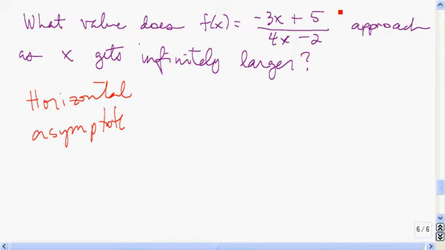So to figure that out, we're going to look at the degree of the top. The degree of the top is 1, because the highest power of x that appears there is 1. And we're going to look at the degree of the bottom. The highest power of x there is 1 as well.